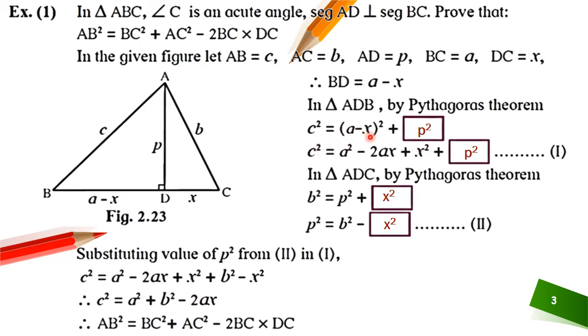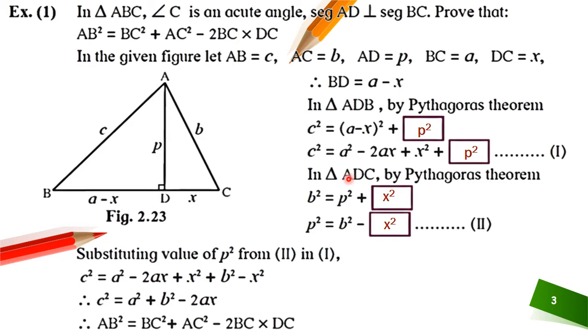Now this (a minus x) whole square we can expand using the expansion formula, and that would be a square minus 2ax plus x square, plus again p square. Mark this equation as 1. So this is one equation that you got.